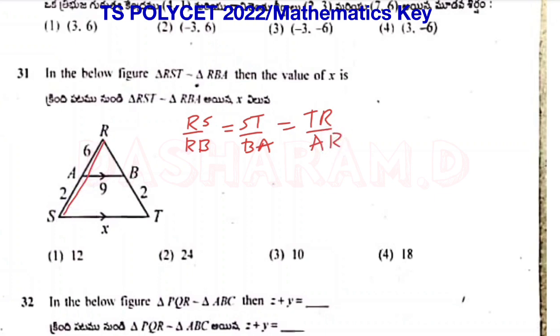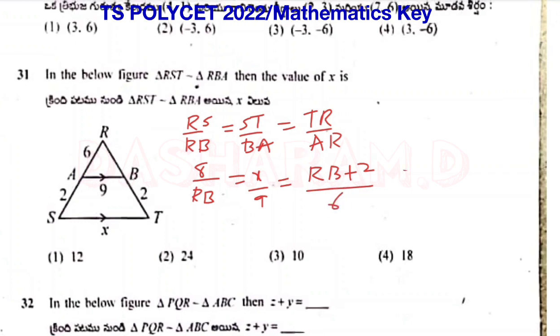RS is the total side, that is 6 plus 2, 8. RB is required, ST is x, and BA is 9. TR means RB plus 2, and AR is 6.